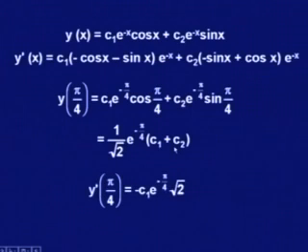Similarly, we can find y dash at pi by 4. Here e to the power minus x is common, and the coefficient we would get is c1 e to the power minus pi by 4 times square root 2.